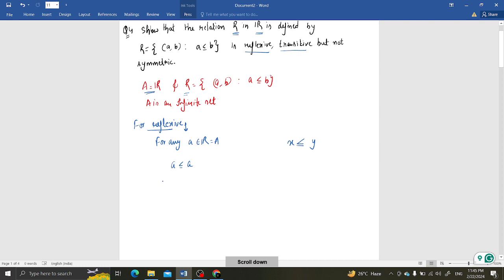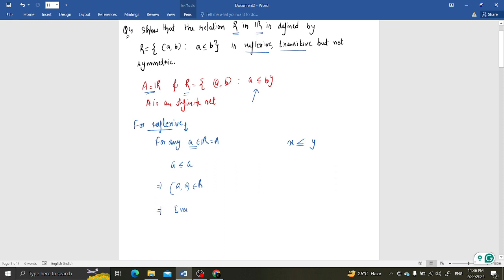So if this property holds, (a, a) has to be in the relation. So here (a, a) belongs to R, and as a is any element of the set of real numbers, this property holds for every a. It means every element is related to itself.